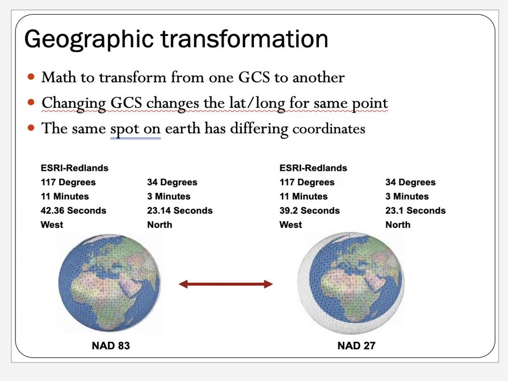Another thing I want to go over is, again, looking at the different coordinates with NAD 83 and NAD 27 for Esri Redlands. When it comes down to the seconds, it differs for sure.